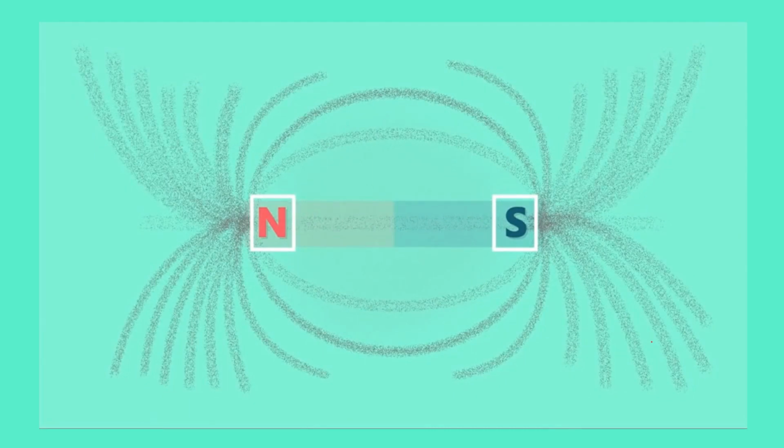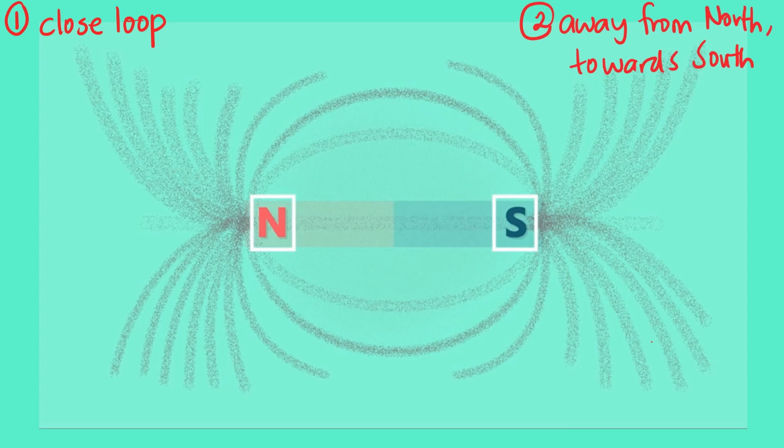The field lines will always form a closed loop around a bar magnet, and the direction of the field lines will always point away from the north and towards the south pole. Therefore, we can always draw an arrow from north towards south.